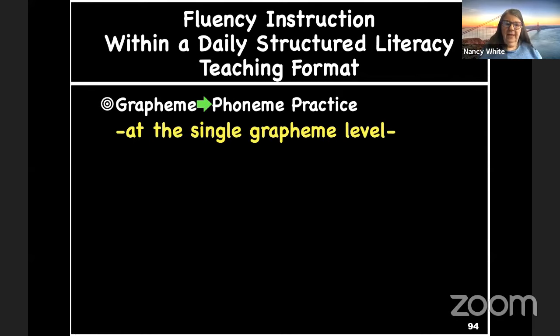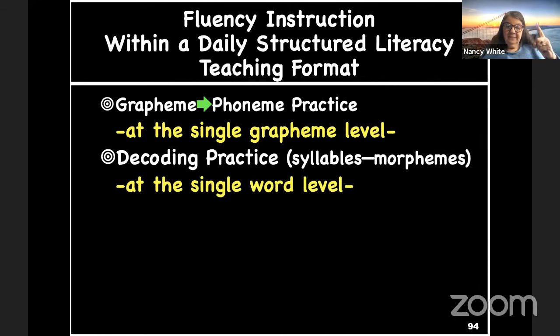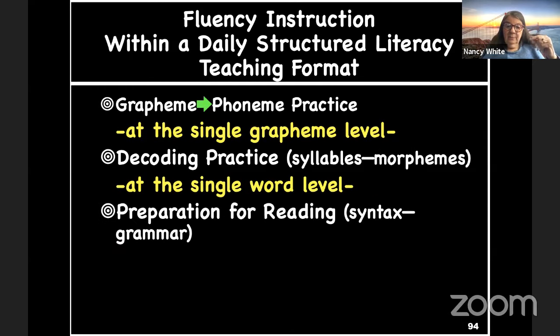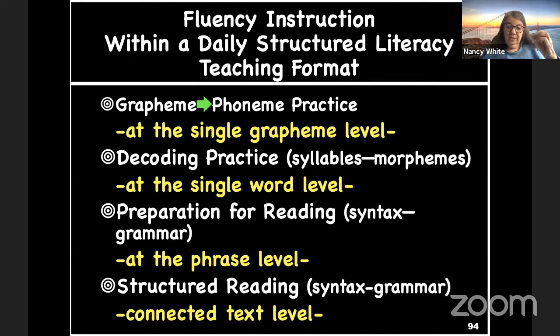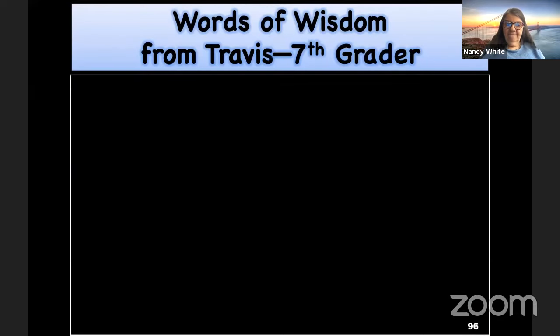So within a lesson, you had the grapheme phoneme practice at the single grapheme level, decoding practice at the single word level, preparation for reading at the phrase level, and then structured reading at the connected text level. So every part of the lesson plan progressively becomes a little more complex and bigger.